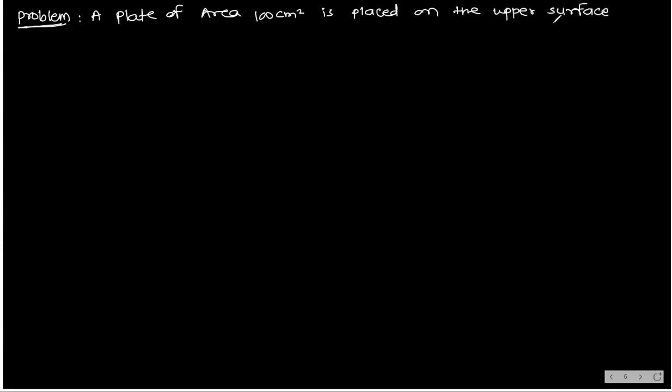A plate of area 100 centimeters square is placed on the upper surface of castor oil 2 millimeter thick. Okay.